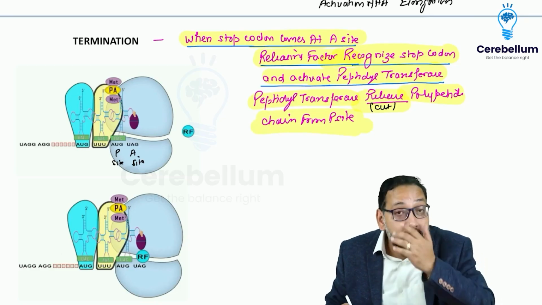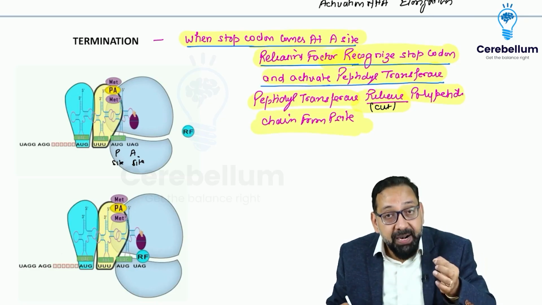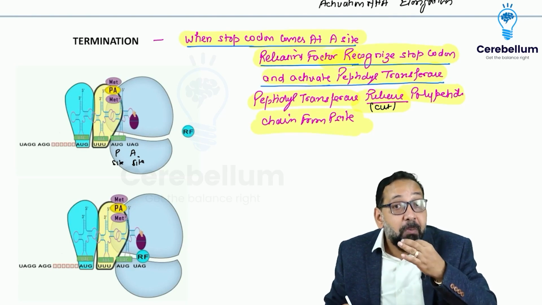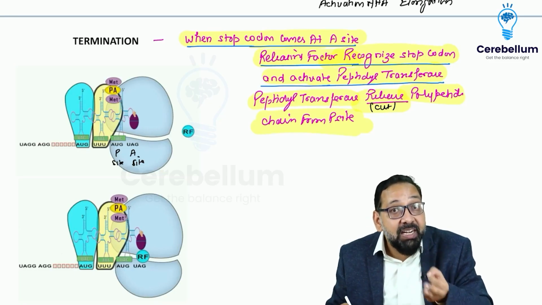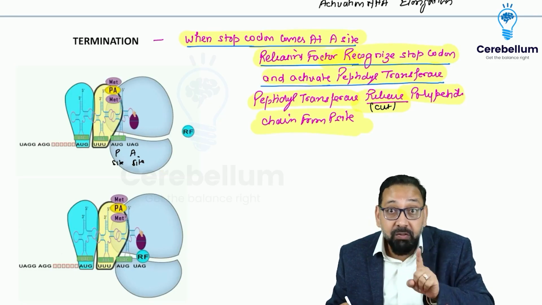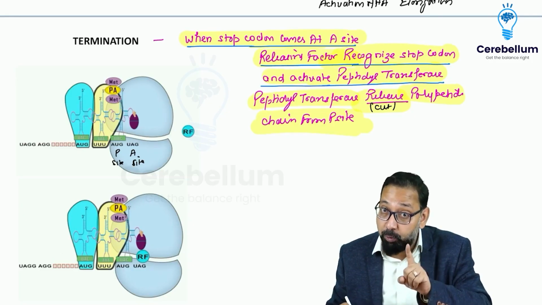Mnemonic: P for P site, P for polypeptide chain. A question is asked that the polypeptide chain is released from the P site, and who is cutting or releasing? That is peptidyl transferase, not the releasing factor. This is a misnomer. Point it out.